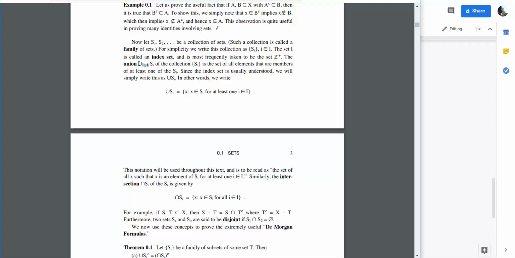So it could be S1 union S2 union S5 union S20, for what it's worth. The union of the collection S_i is the set of all elements that are members of at least one of the S_i. So it's a collection of all the elements of any one set.